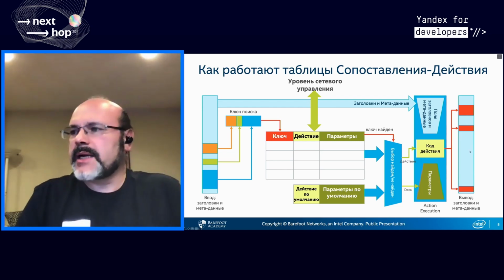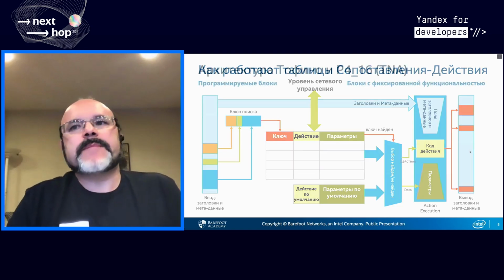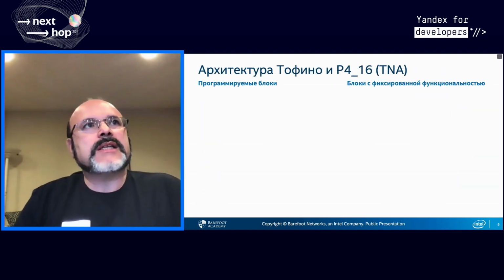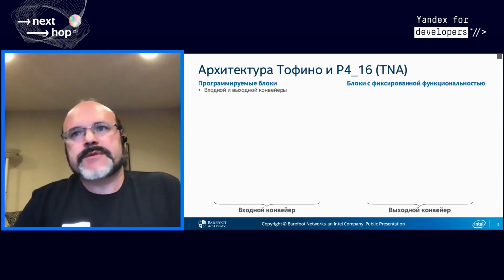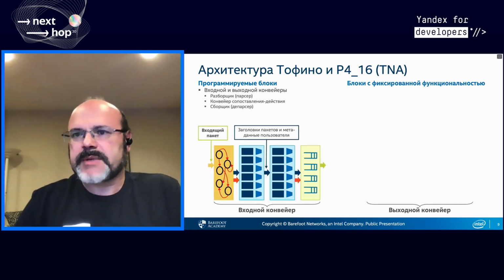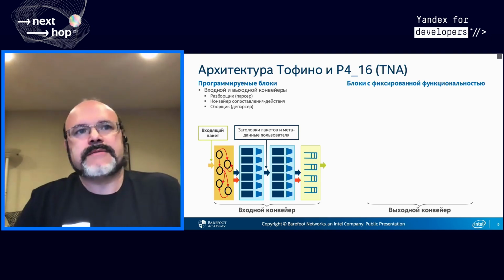It's very easy to work with many tables in parallel simultaneously. So that was some abstract architecture, but when we build a real device, we need to have a certain mix. On the one hand, we need programmable blocks, an input and an output conveyor or pipeline.